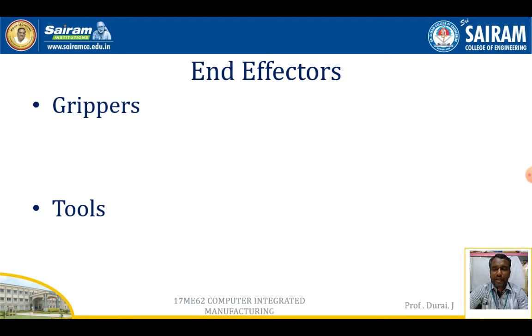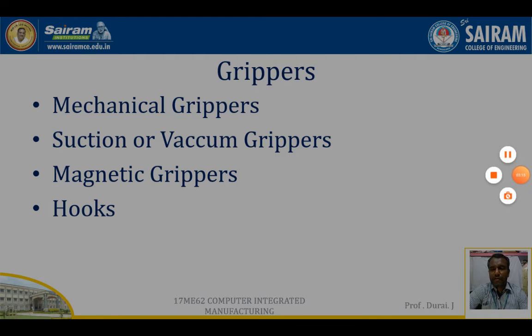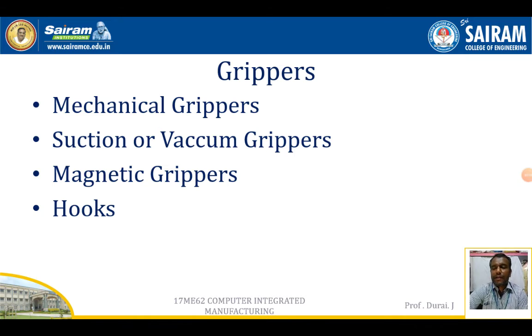Then comes the grippers. They hold the component. There are different types of grippers: mechanical grippers, suction or vacuum grippers, magnetic grippers, and hooks. First we are going to discuss the mechanical grippers. The physical configuration or friction of the gripper retains the object.